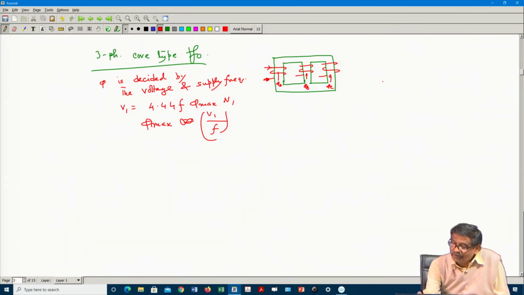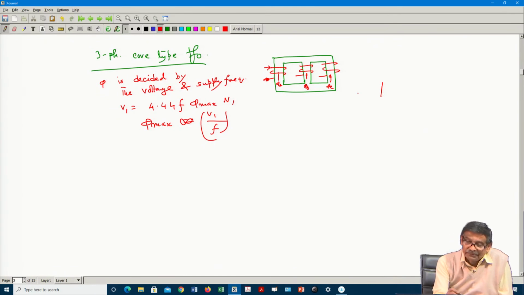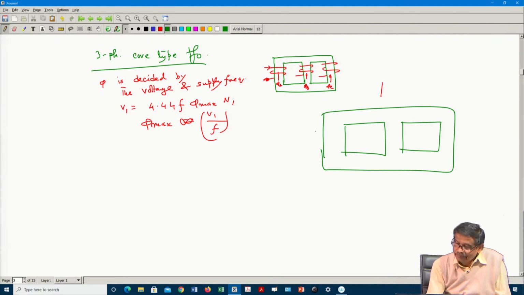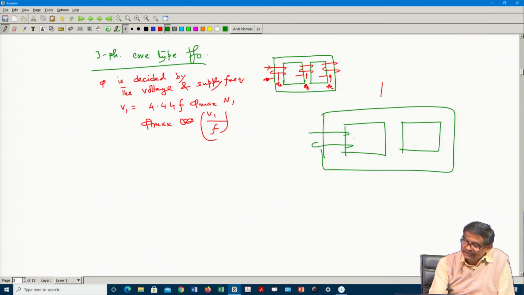Let me tell you in slightly more detail. Suppose you consider phi A. It is produced, and phi A then divides into two paths.